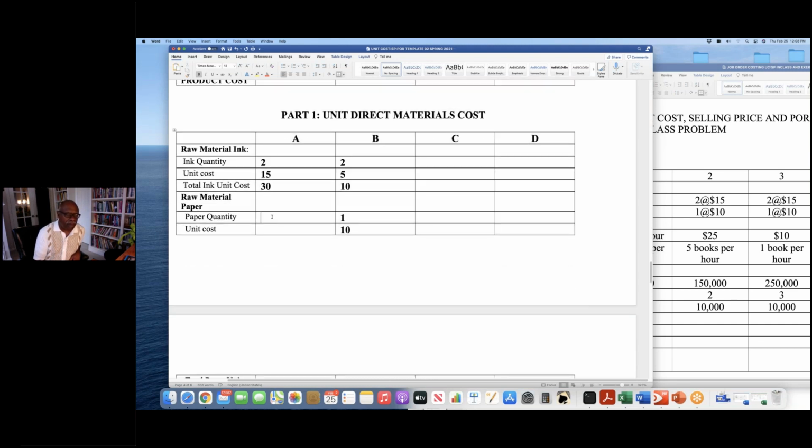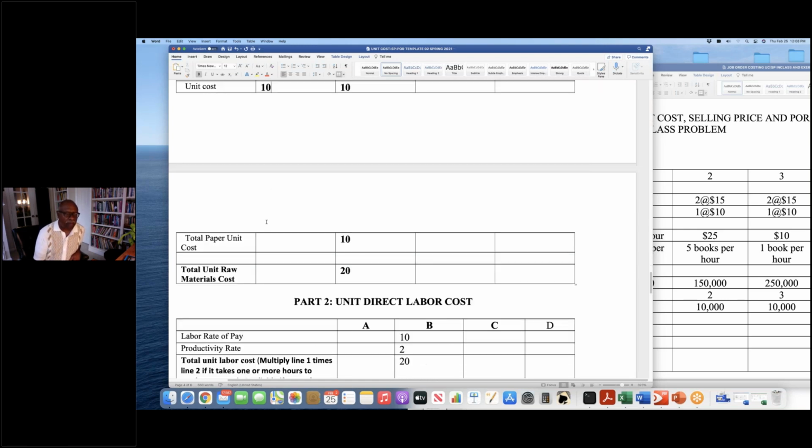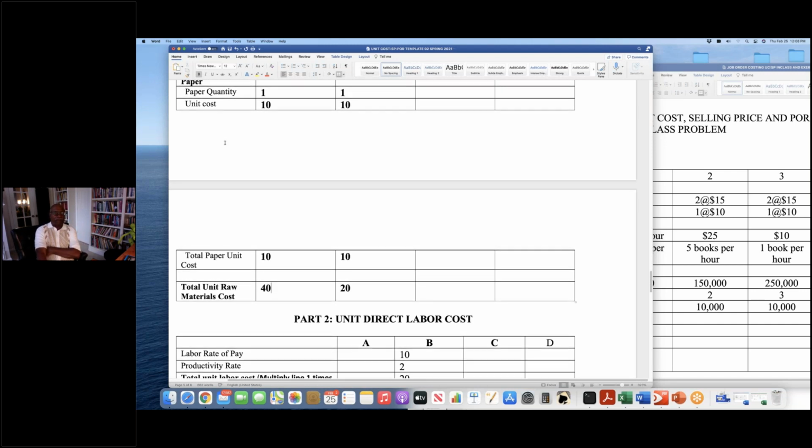The paper is 1 quantity, and the unit cost is 10, which only makes it 10. So the total unit raw material cost is 40. What are you going to do with the 40?